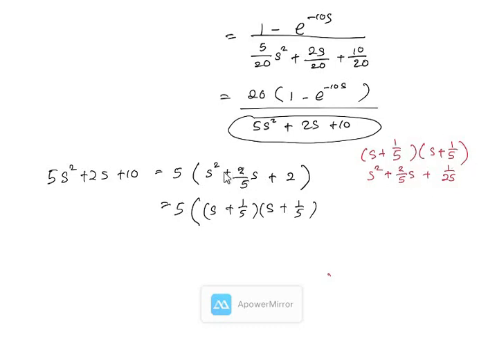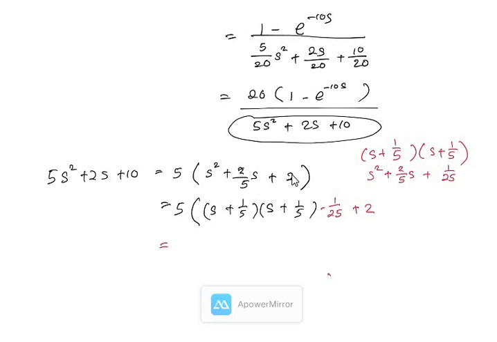But if you look at the original question, the value that you want to get is s squared plus 2 over 5 s plus 2. But from here, you only get plus 1 over 25, which is not the same as 2. So you need to cancel out this one and add 2. Therefore, I minus 1 over 25 plus 2, so I can get back the same value here.